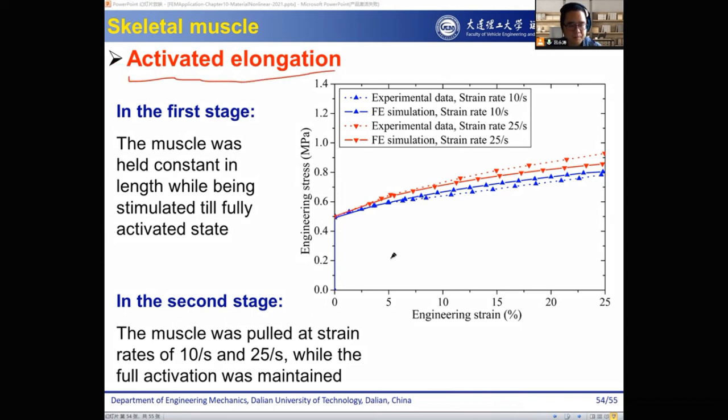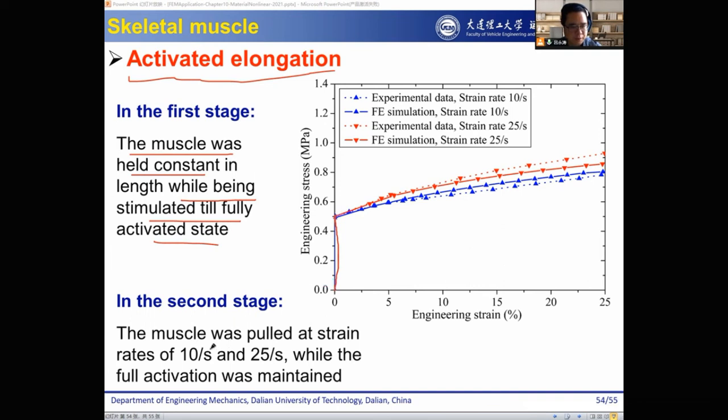Then we also do the assessment under the active elongation procedure, because we know the muscle can activate and then deform. Therefore we divide the simulation into two stages. In the first stage, the muscle is held constant while being stimulated until fully activated. So it's held constant, therefore there's no strain, but the stress increases.